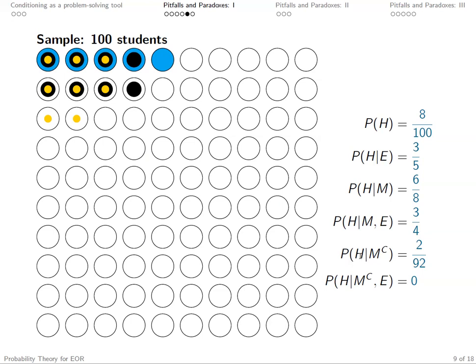And the conditional probability of earning high salaries given not liking mathematics is 2/92, because there are 92 not liking mathematics, and among these there are 2 yellow dots. And conditional on the joint event of not liking mathematics and doing econometrics, the conditional probability of earning high salaries given that joint event is 0.